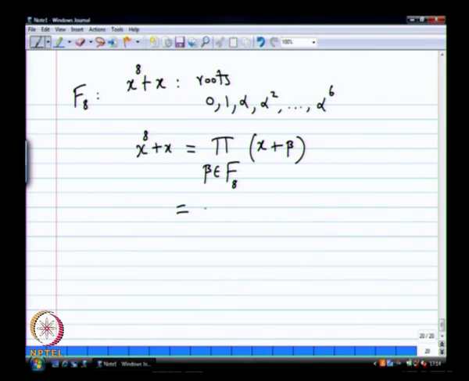I put beta equals 0, I get x. That is one factor. Put beta equals 1, I get x plus 1. Then I put beta equals alpha, alpha squared, alpha power 4. I multiply those three together and I get x power 3 plus x plus 1. Then I have alpha power 3, alpha power 5 and alpha power 6. I multiply those three terms together, I will get x power 3 plus x squared plus 1.